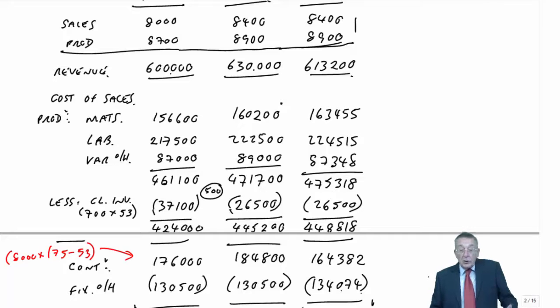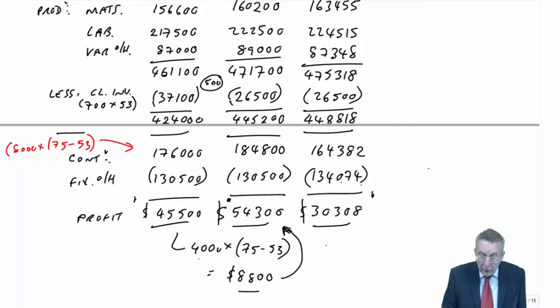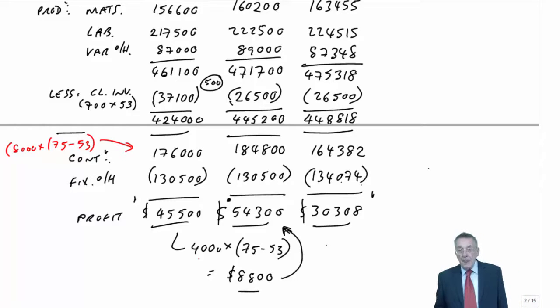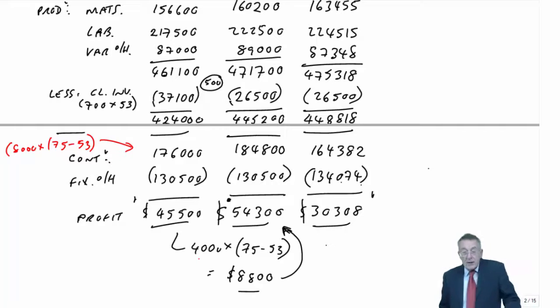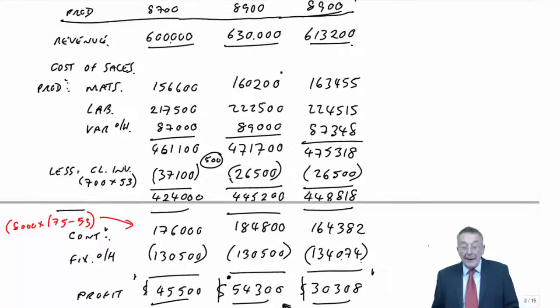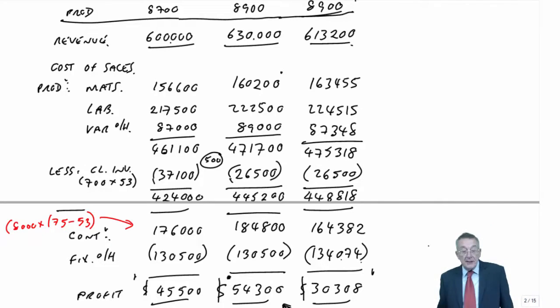And if that's all that went wrong, we'd have made a profit of 54,000. So why haven't we made 54,000? Why is it only 30? Well, we can now sensibly compare each of the profit items.